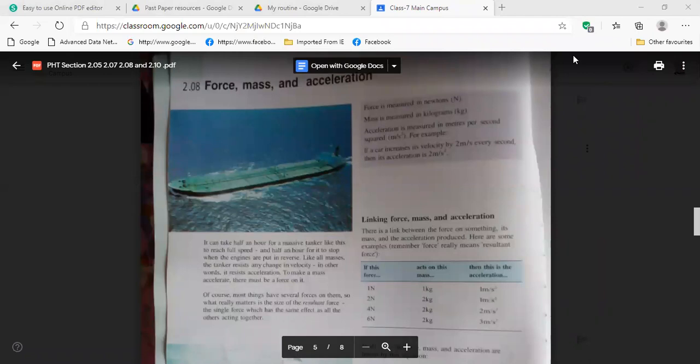Did I give you the definition of force? Tell me that one, what I gave you. Is it written on your copy?